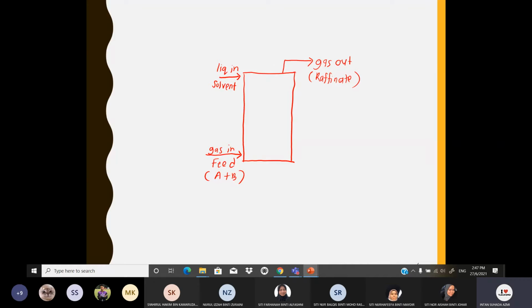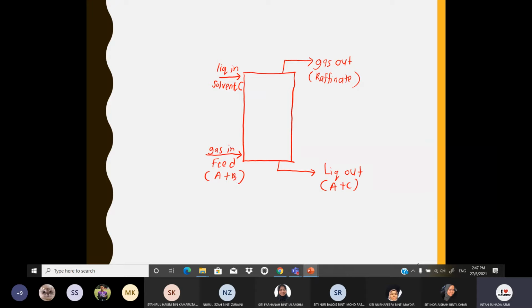But please don't confuse this with LLE, because in LLE we also use a raffinate term, right? Another product you have is the liquid out. In this stream, you will have your A plus your C. I consider the solvent as C. This is the one that you want to remove.